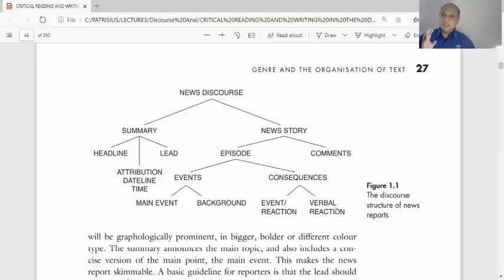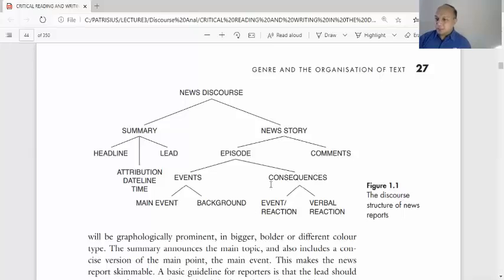Most commonly, it is done by a human being. It can be an official, an authority figure, somebody from the government, or the victims, if it is a report of an accident, or the witnesses. So things like that are called verbal reaction.